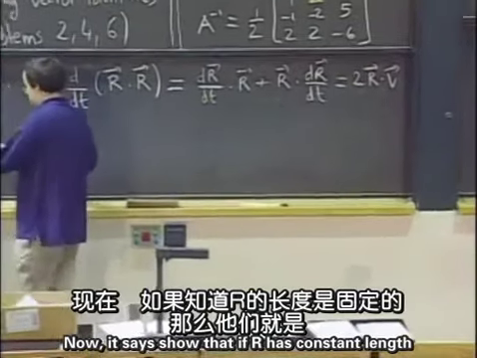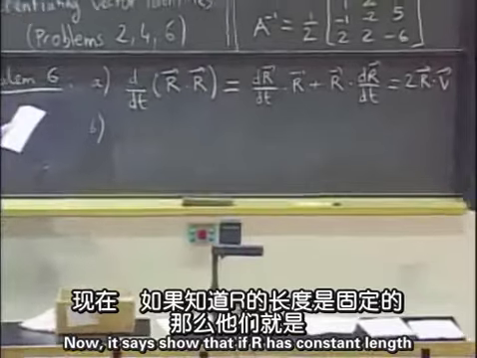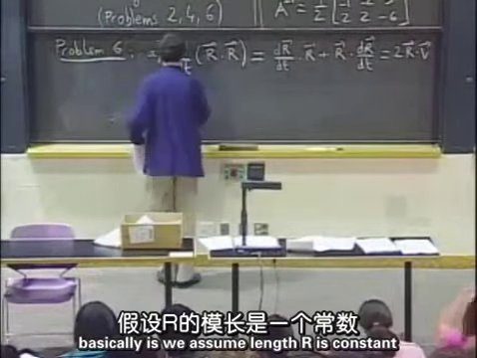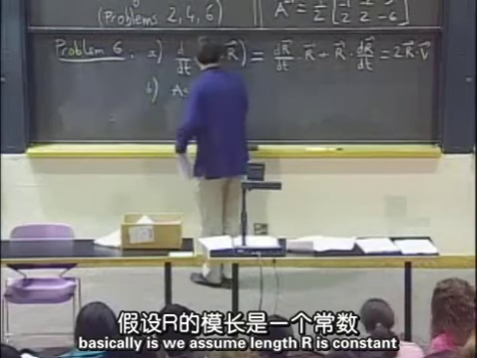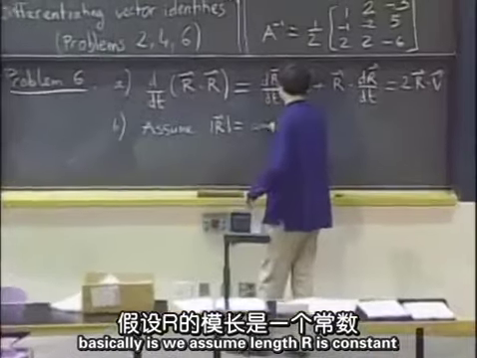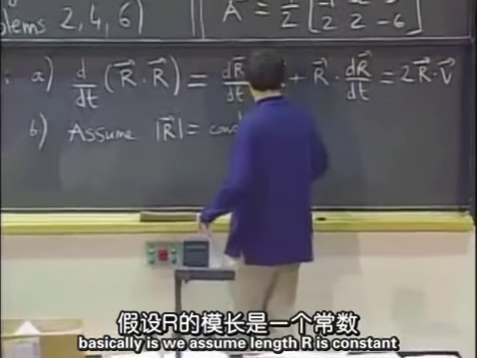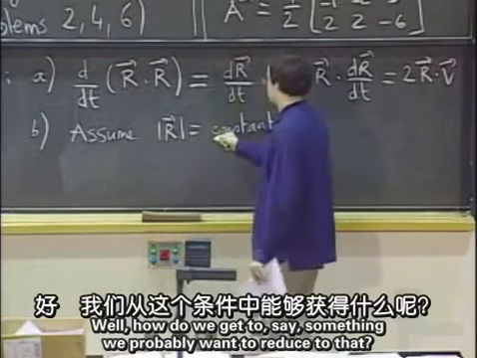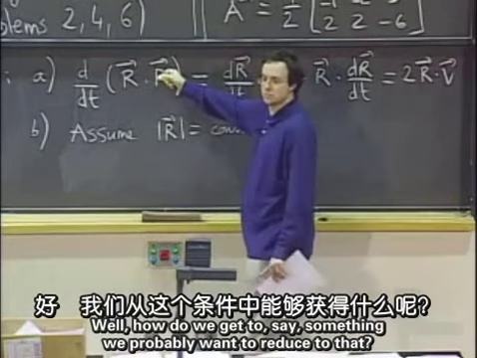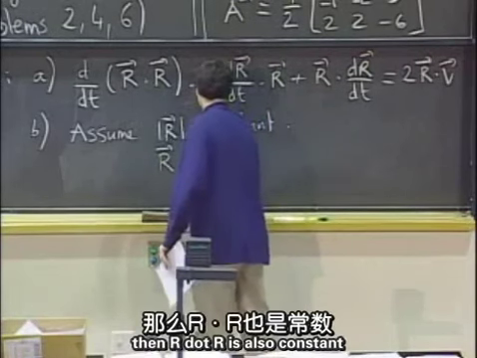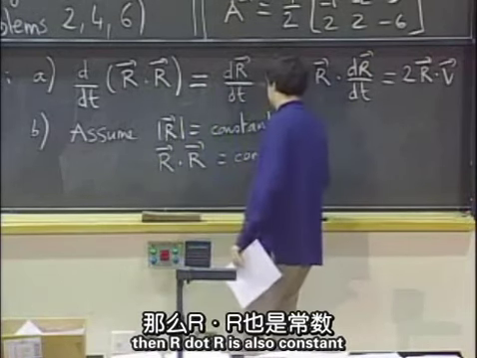Now it says, show that if r has constant length, then r and v are perpendicular. So all you need to write basically is, we assume length r is constant. That's what it says, r has constant length. Well, if r is constant in length, then r dot r is also constant.